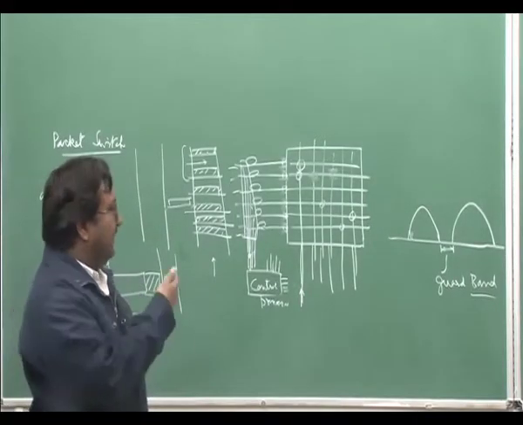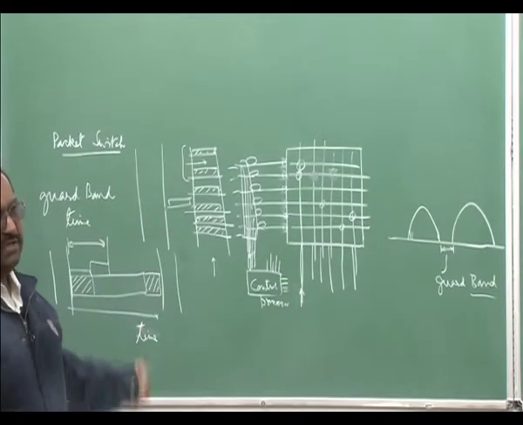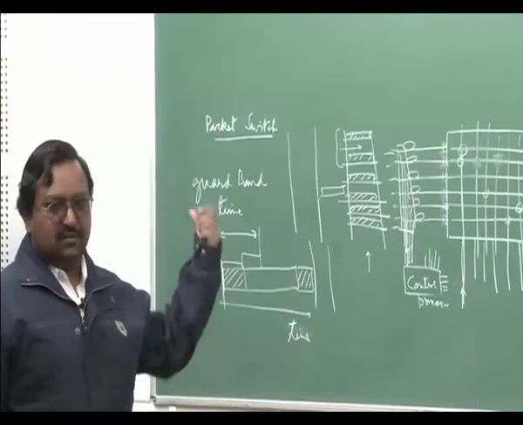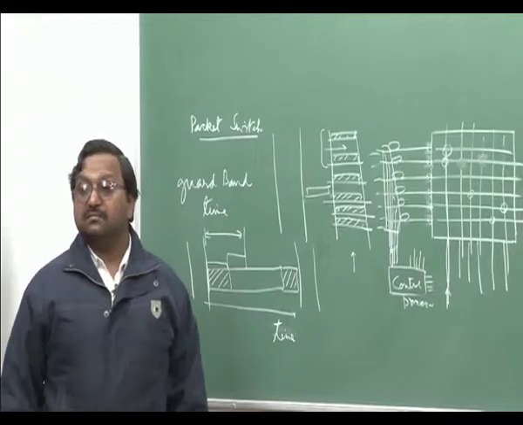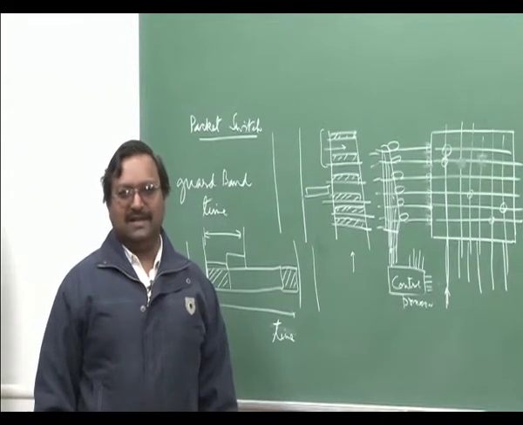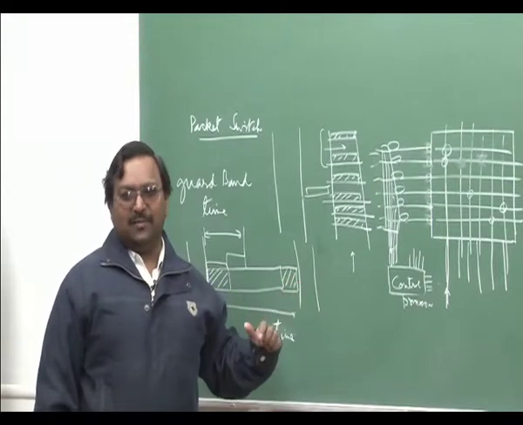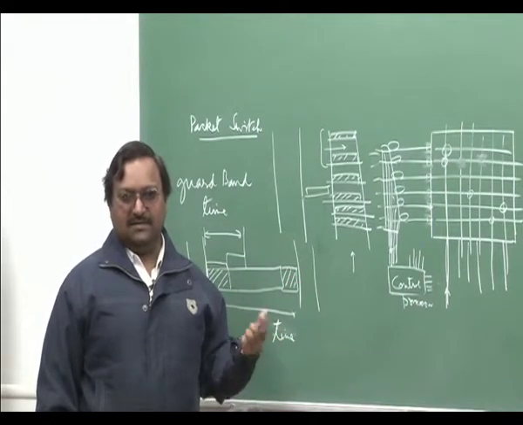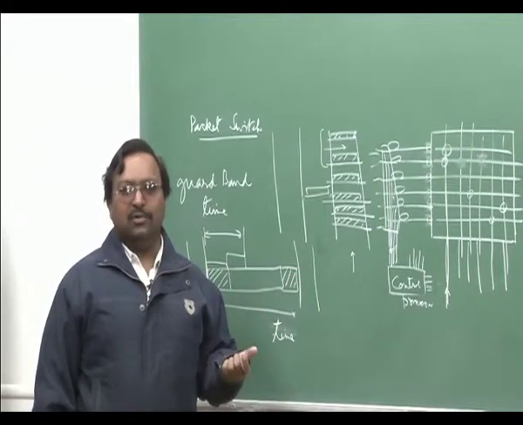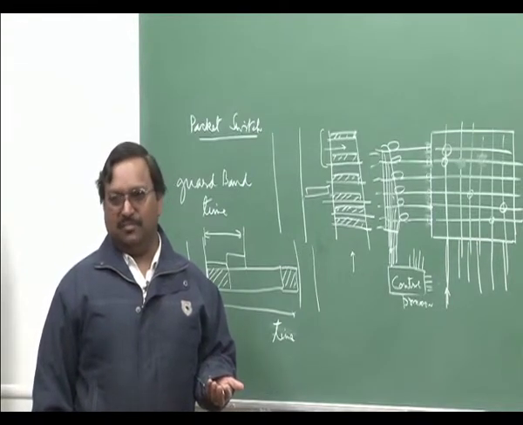So, we will essentially make an estimate of the maximum throughput which can be achieved in such a scenario. How to choose a victim packet? You have to decide on an algorithm. If you say I am going to give input one a higher priority and input two a lower priority, always choose one first and drop two. If all ports have equal priority, choose anything randomly and let it go.